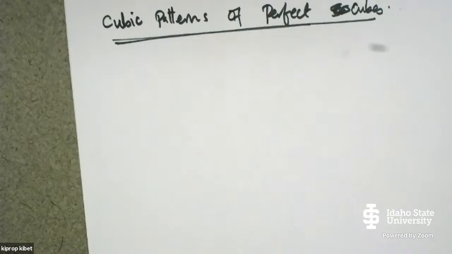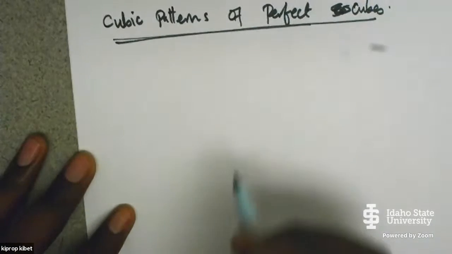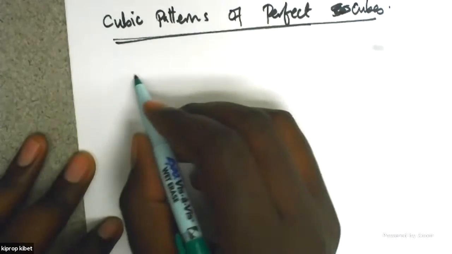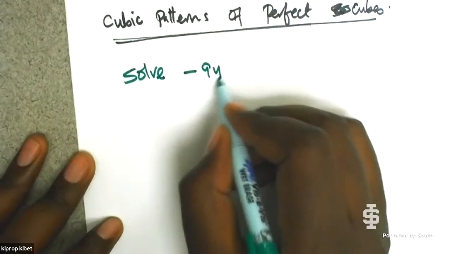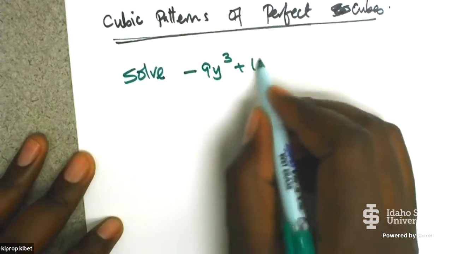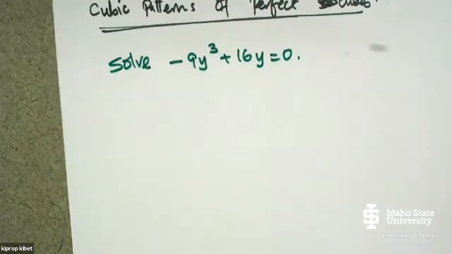Okay, let's look at an example here. Solve negative 9y cubed plus 16y equals 0. How do we solve it? Using the steps here.